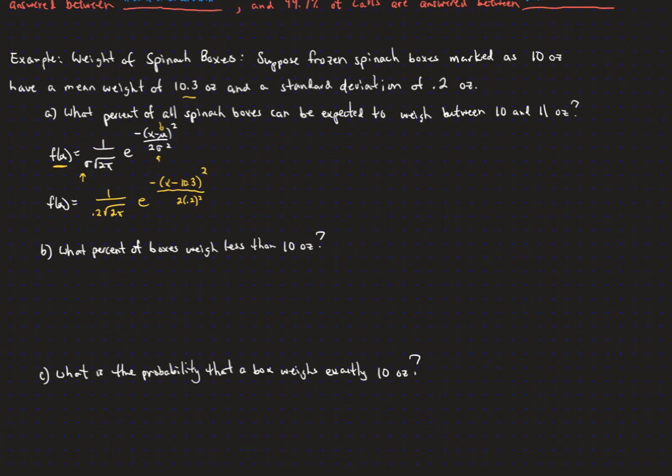So then once we have that entered into your calculator correctly as y1, then what we want to say, what percent of the spinach boxes will be between 10 and 11 ounces, we are going to integrate from 10 to 11 this f of x dx, this Gaussian curve, this normal distribution curve with our mean and standard deviation plugged in there.